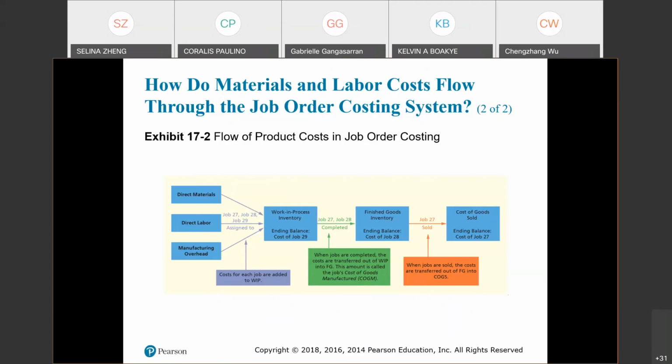The company starts the job cost record when the work begins on the job. As Smart Touch Learning incurs the cost, the company adds costs to the job order record, and the costs are added to the WIP inventory.